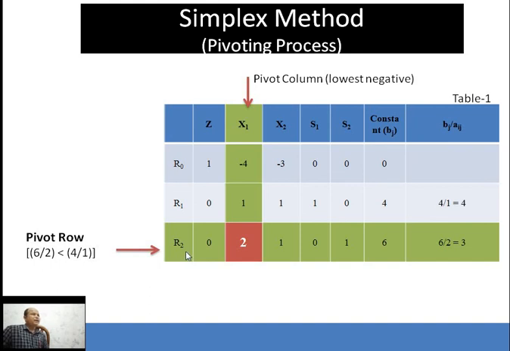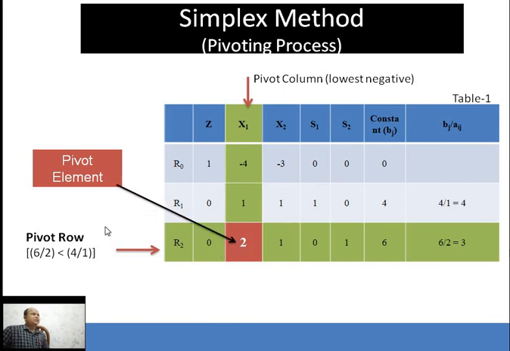Now the pivot column and pivot row intersect each other at this element 2, that is the common element of the pivot row and pivot column. So this element is known as the pivot element.